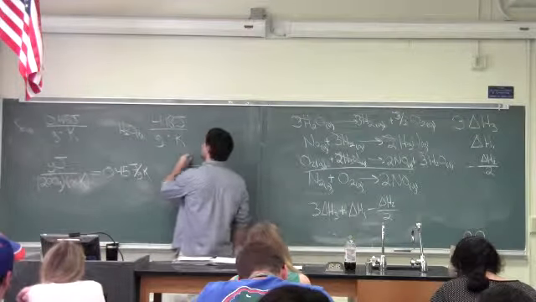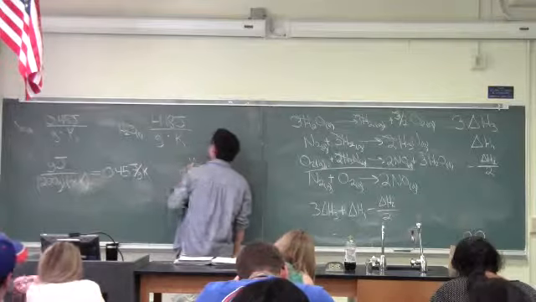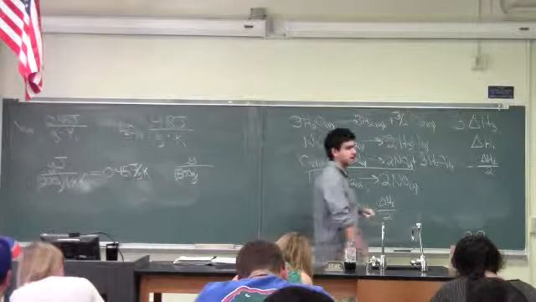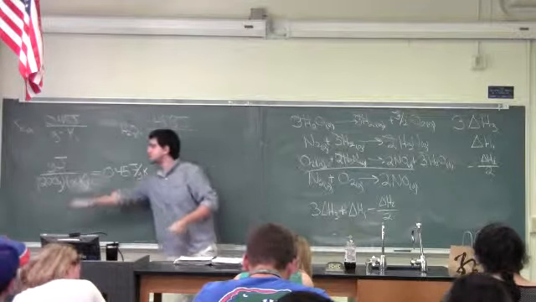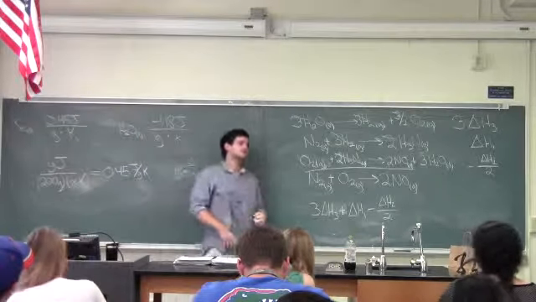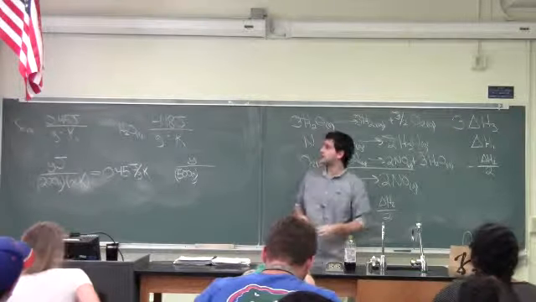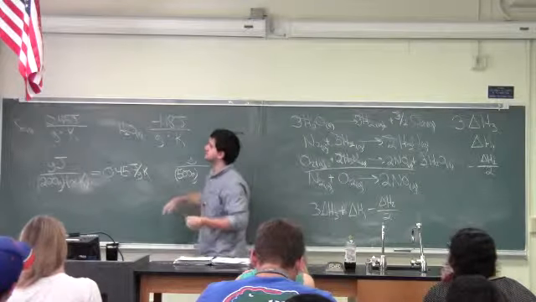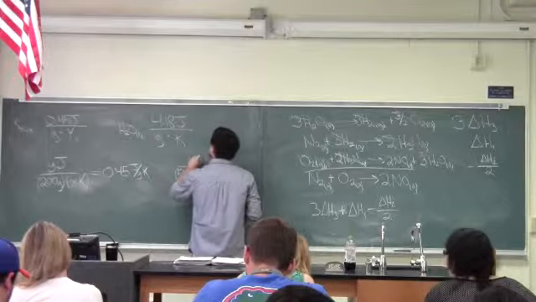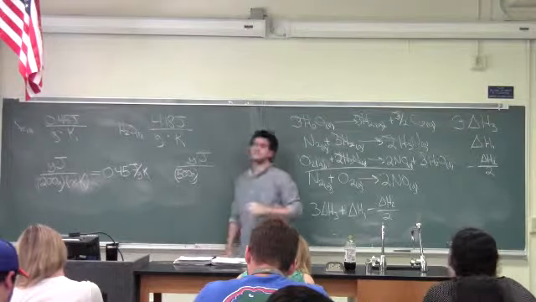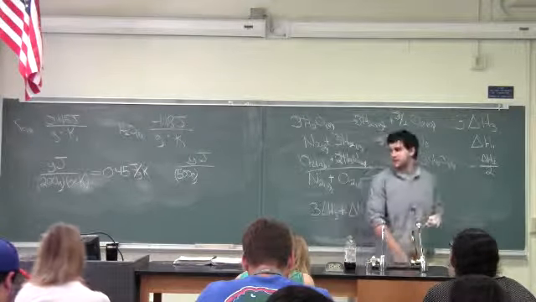I'm going to call that Y again, because I know, since I have a closed system that's not going to lose any energy, the number of joules that I transfer from iron is going to be equal to the number of joules absorbed by the lower temperature water. So I'll call that Y joules again.